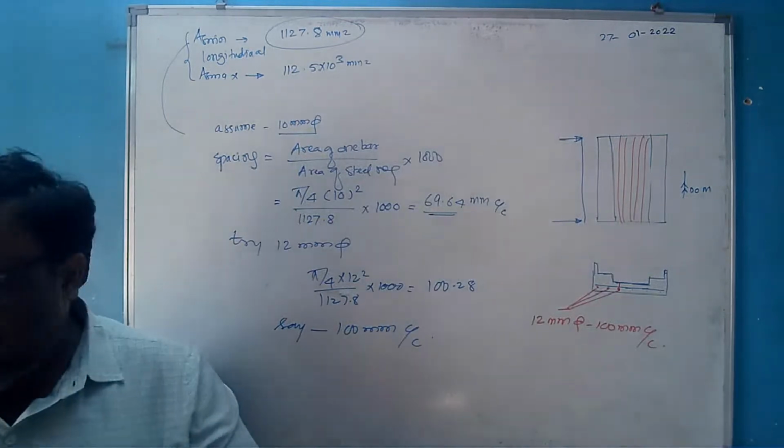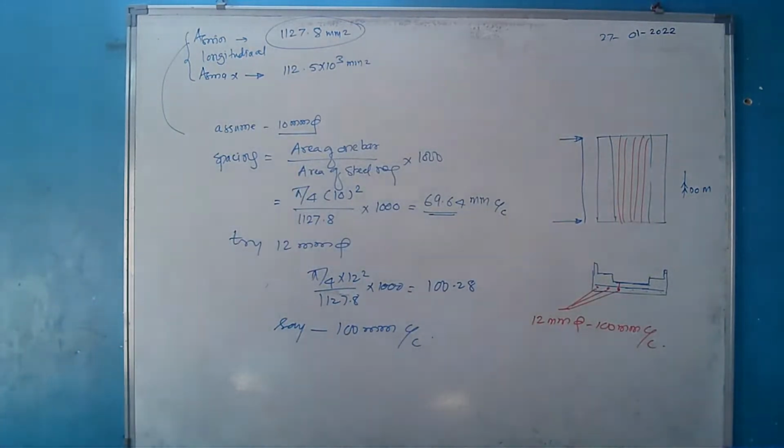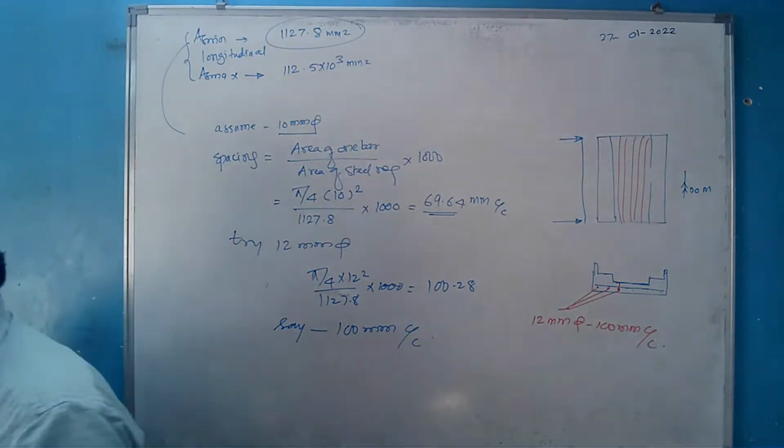See, what are the limits? हम कितना प्रोवाइड कर सकते हैं? Please refer another clause. It is available here for the spacing. Please refer the clauses which are in IRC 112. It is available on page number 181. It is slab.